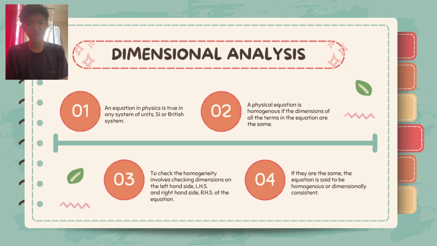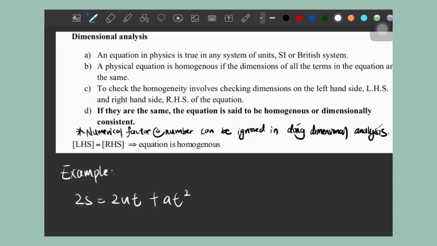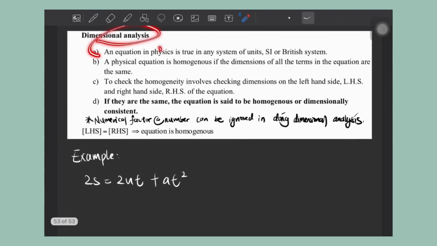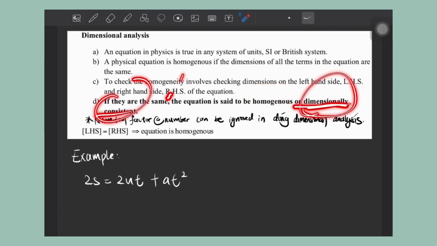It is an equation in physics which is true in any unit system. A physical equation is said to be homogeneous if and only if the dimensions of all the terms in the equation are the same. Now we look at dimensional analysis. It is to check whether the equation is homogeneous or not, or what we call dimensionally consistent.